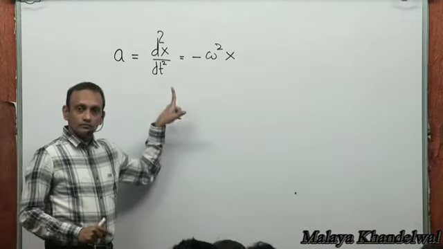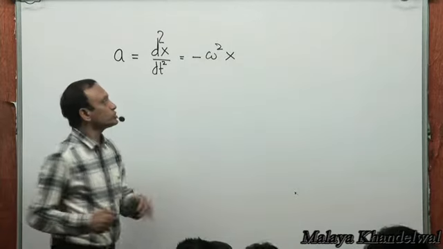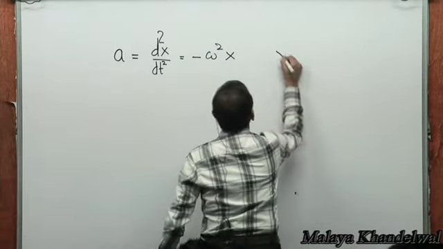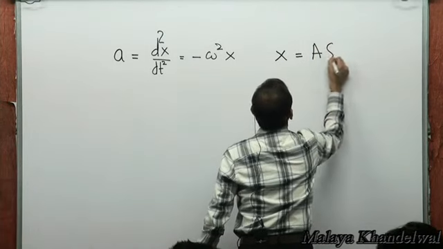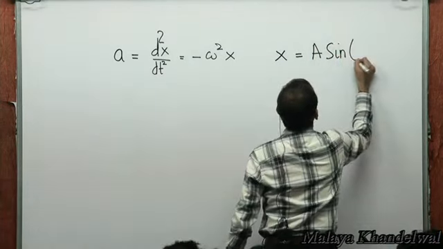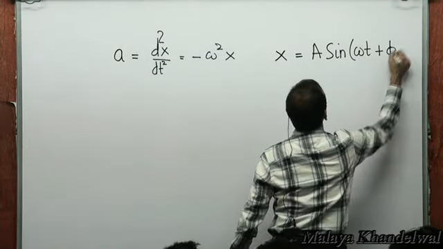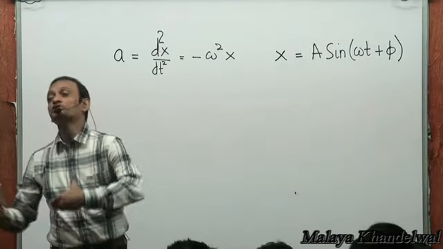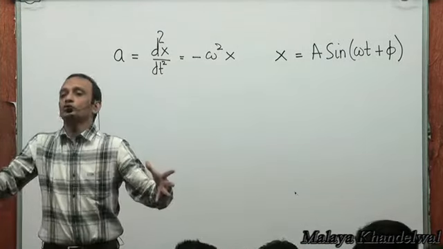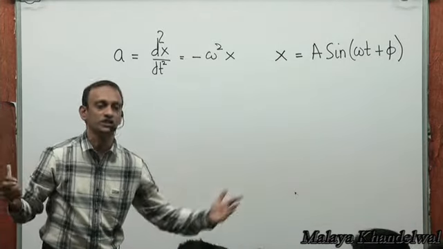Now, the solution to this equation turned out to be x equal to some a sine omega t plus phi. That was the solution to this differential equation. Phi was a phase constant which determined at time t equal to 0 the kinematic status of the particle, the position and velocity at time t equal to 0.